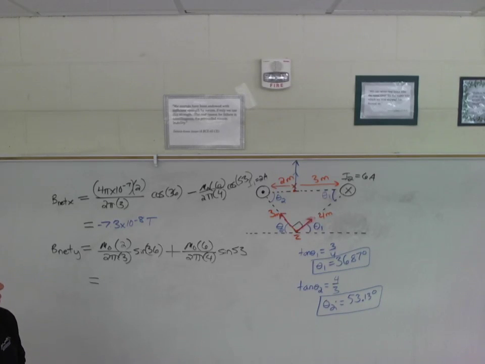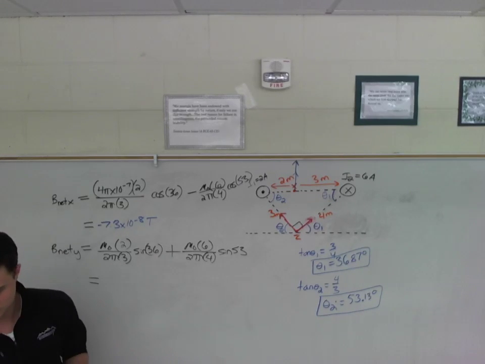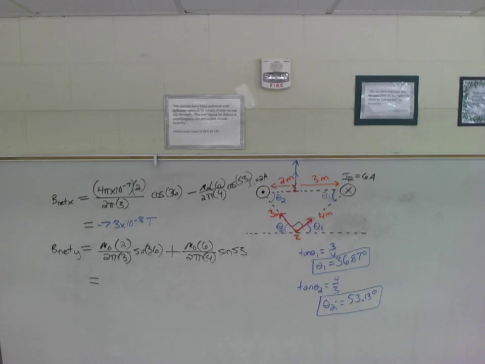I got 1.2 times 10 to the negative 7. Did we all get different answers? I'm getting 3.18 or something. Yeah, I got 3.2, times 10 to the negative 7. Yeah. That's what I got.